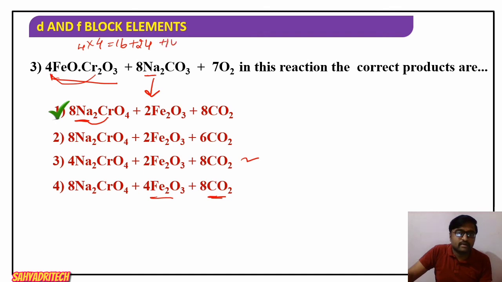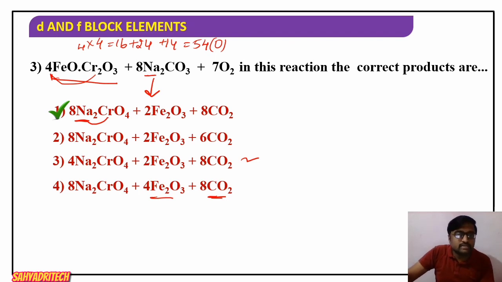So 16 plus 24 is 40, plus 14 is 54 oxygen atoms on the reactant side.